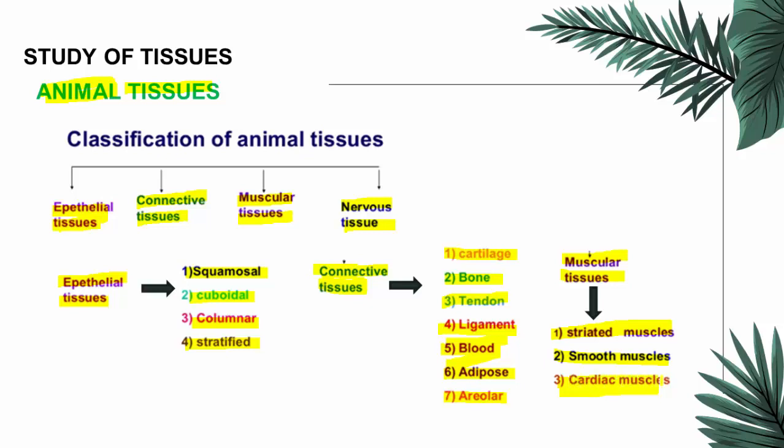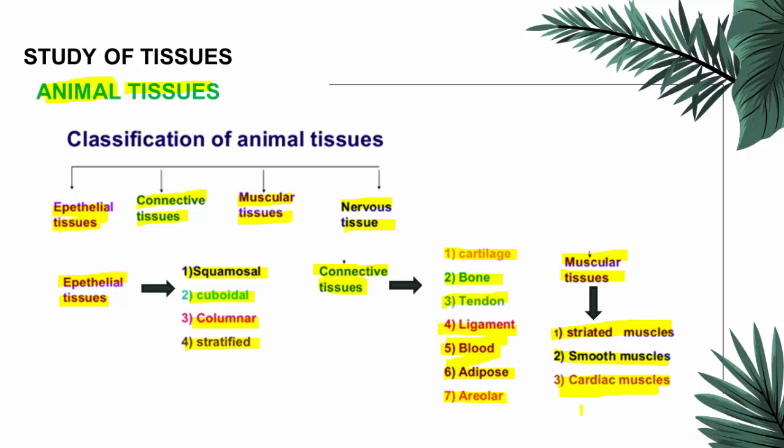Remember this term very clearly, cardiac muscles. Cardiac means heart. These muscles are found only in the heart. The rest of the animal body does not contain cardiac muscles. So cardiac muscles are specifically present only in the heart. The cardiac muscles are involuntary in nature.